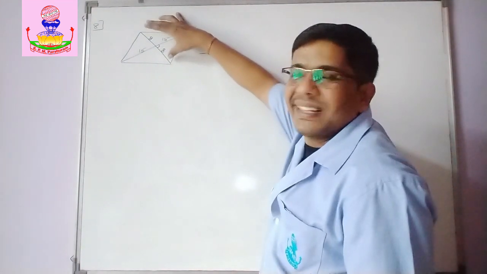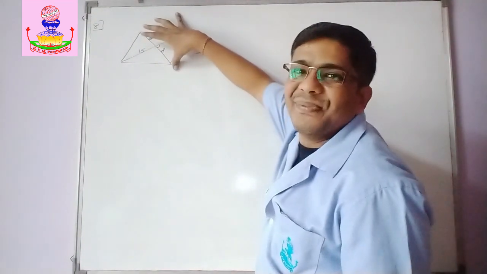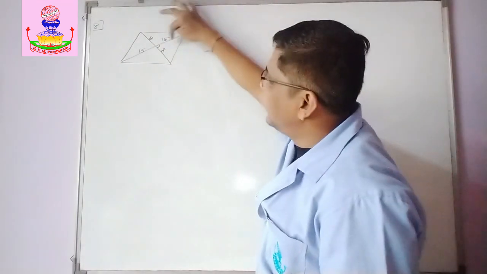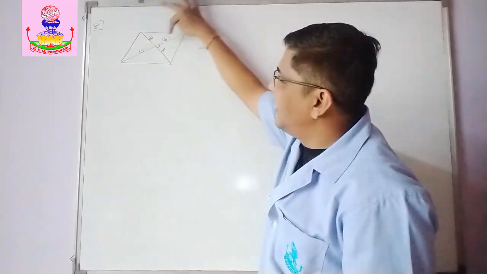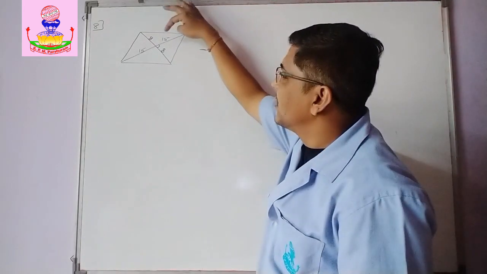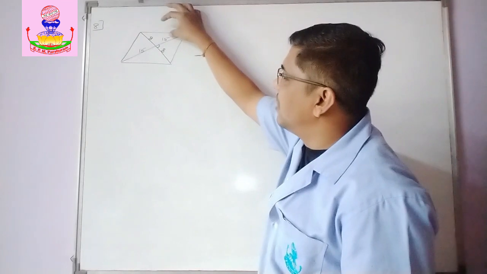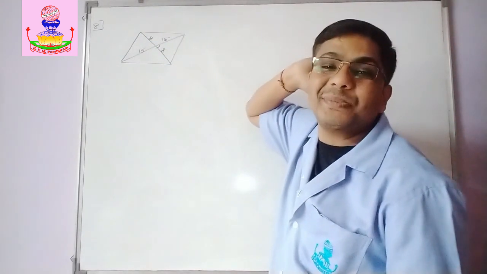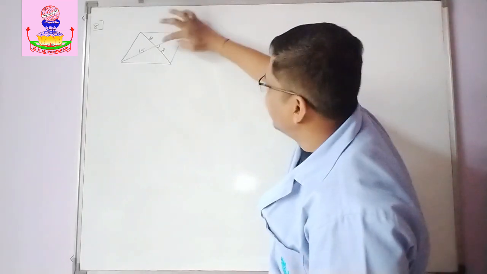So this diagonal, total length is 16. So this will be 8, this will be 8. This diagonal, total length is 30. So when it bisects, it will be 15, 15. Okay, because they are perpendicular bisectors of each other.